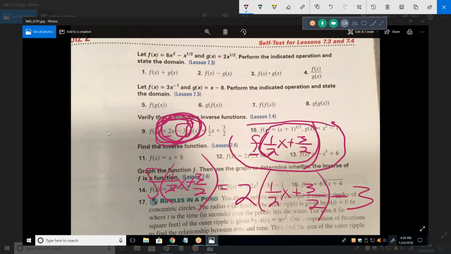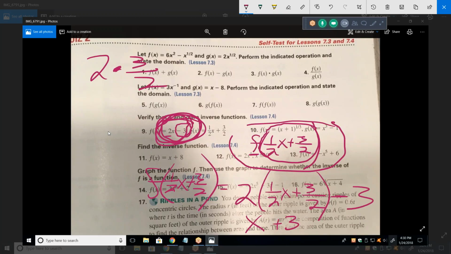You get 1x, and then plus 7 halves? What's 2 times 3 halves? 3.5. No, it isn't. What is 2 times 3 halves? 3. Okay, then it's plus 3.